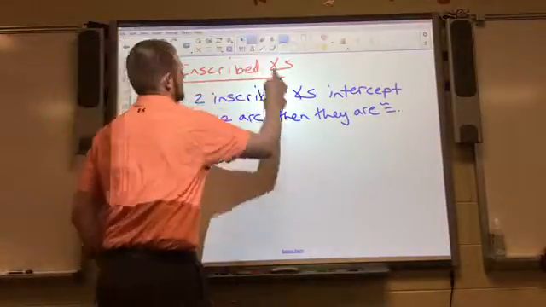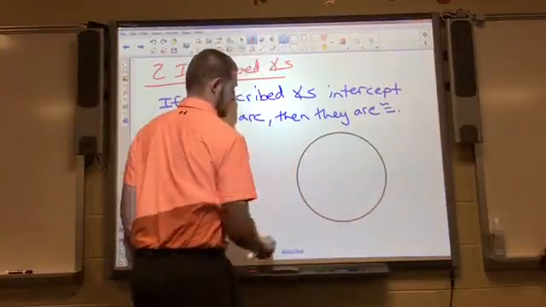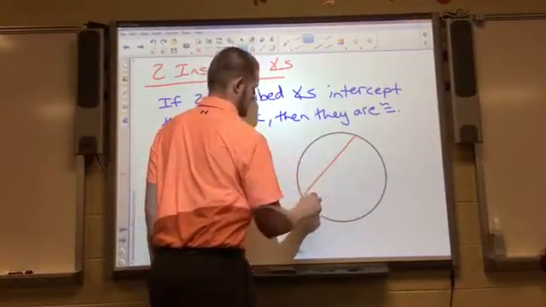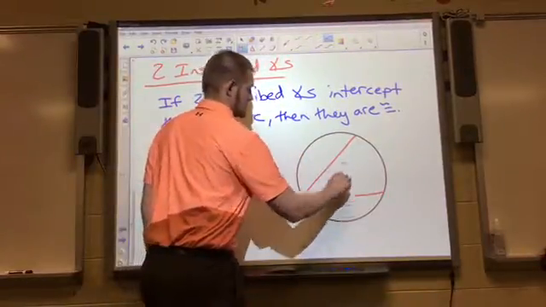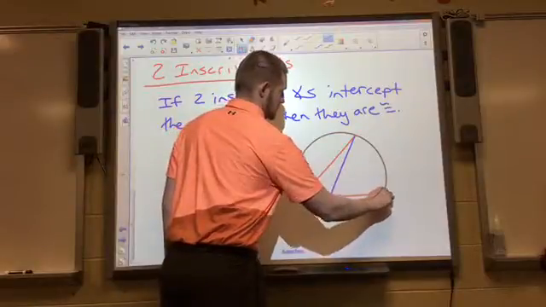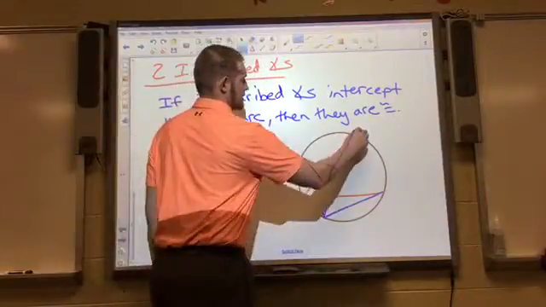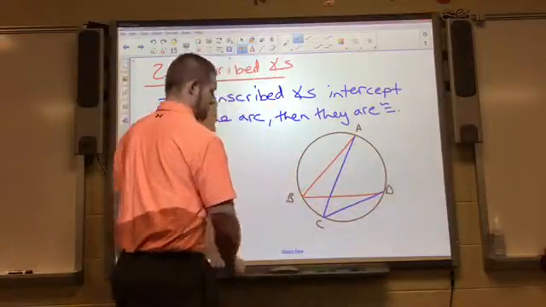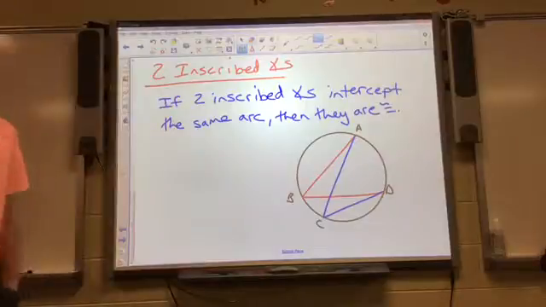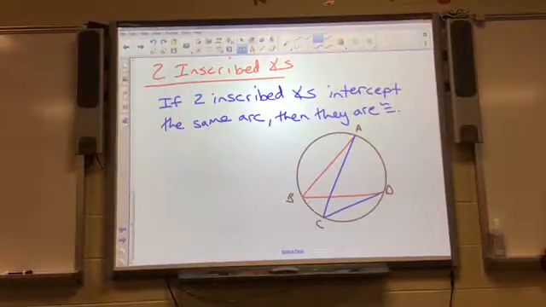So you can put your diagram on there if you'd like to. Okay, so I have A, B, C, D. Lainey, which angles in that diagram are congruent to each other?